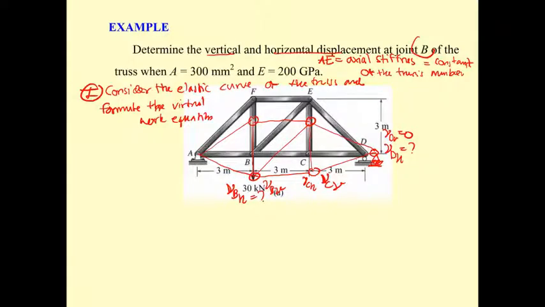That's the vertical direction. And also you may consider V sub AH equal to V sub AV equal to 0. Each node of the truss has two deformations, one in the horizontal, another in the vertical, and then you can put it like that easily. Now you are going to determine the deflection at point B in the vertical direction.